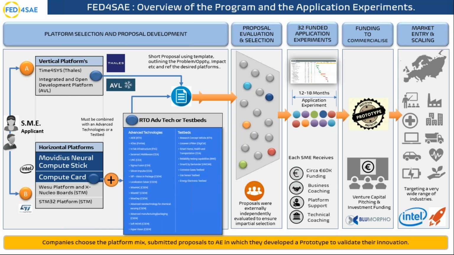So the goal is for them to come out of the experiment with a prototype that has been validated, ideally at a customer site, and the customer says, yes, this solves my problem, this meets my need. And then Blue Morpho, our colleagues on the line, help with venture capital funding and pitching and investment advice to those SMEs to help them to scale in whatever vertical industry they're targeting.